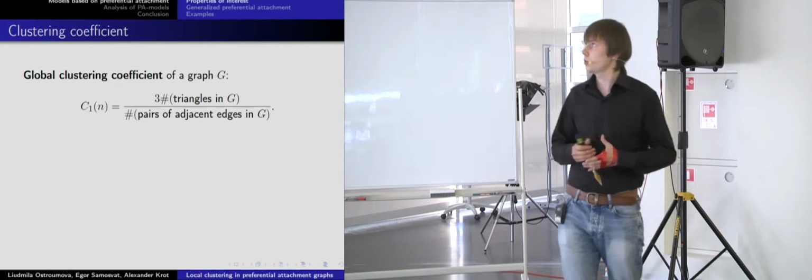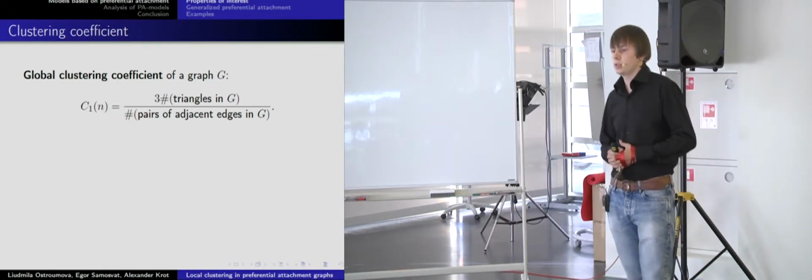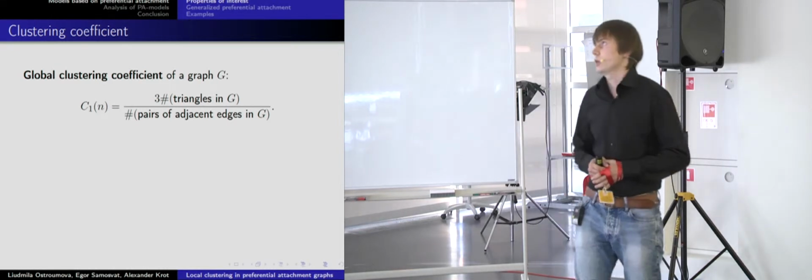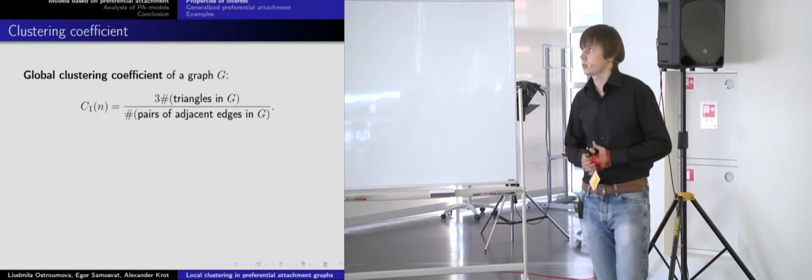definitions. It is the global clustering coefficient. It's very simple: it's the triple number of triangles in our graph divided by the number of pairs of adjacent edges in our graph.